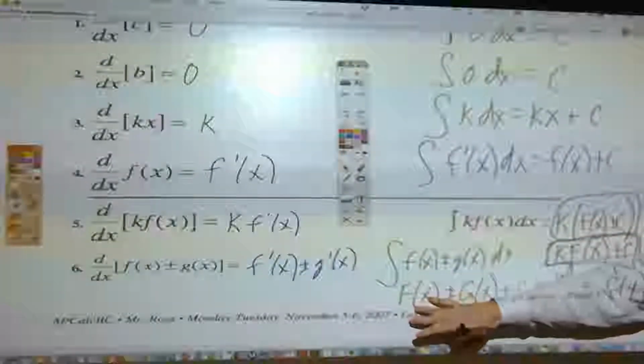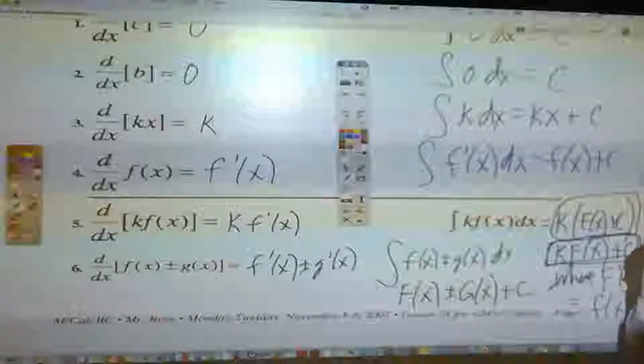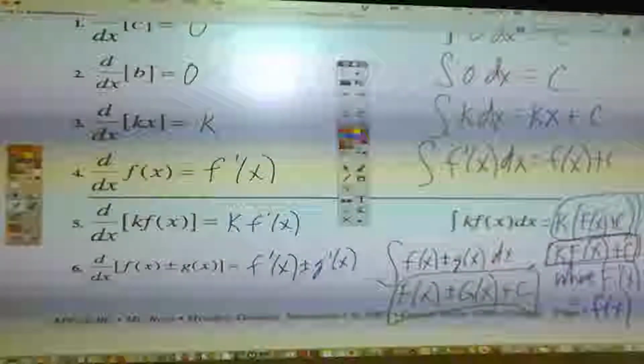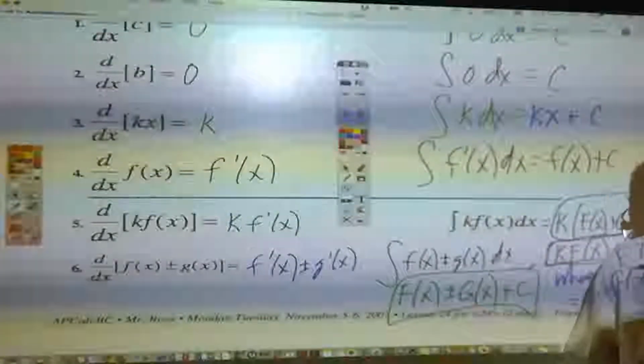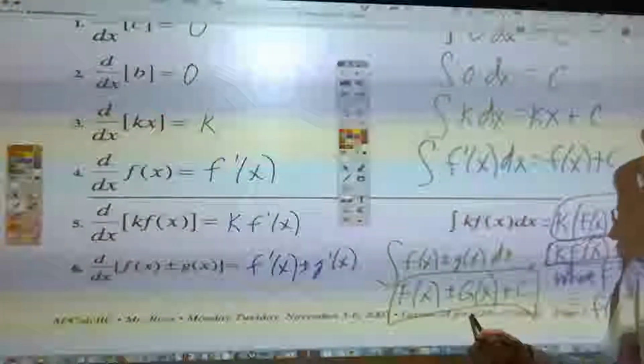I mean, this has a constant, that has a constant, they glom onto each other and turn into some other constant. So anyway, the short version of the answer is to just say this, where capital F prime is lowercase f and capital G prime is lowercase g.